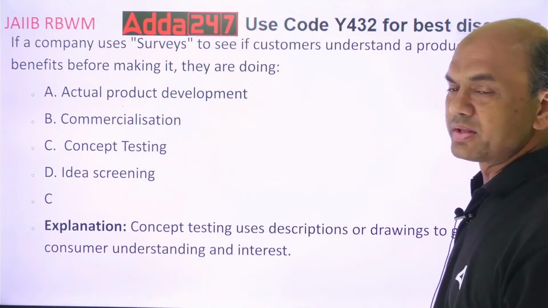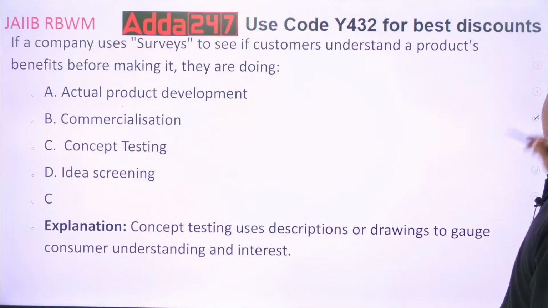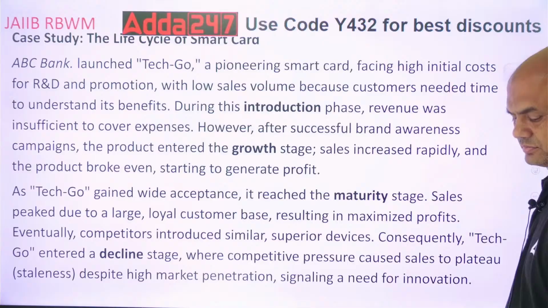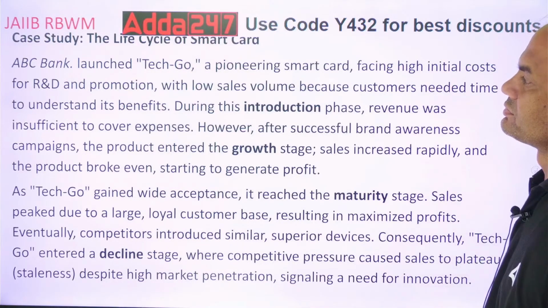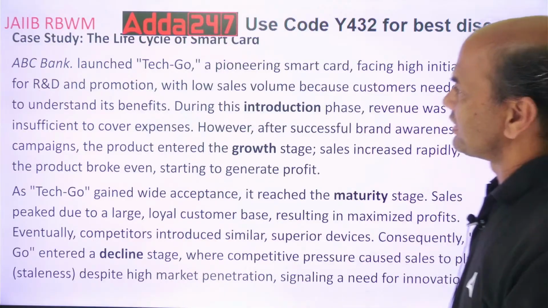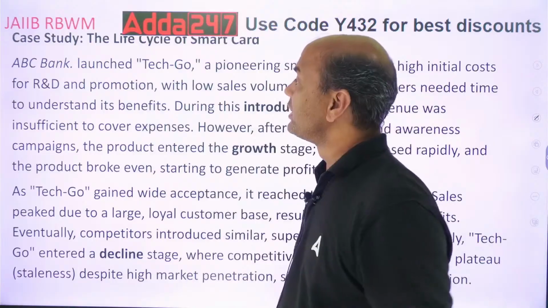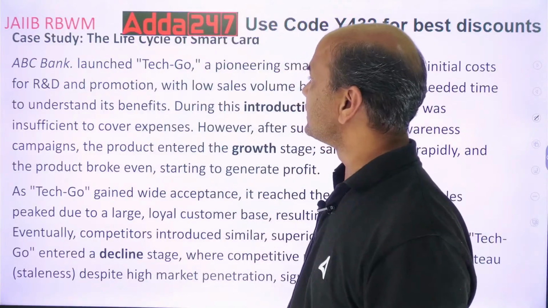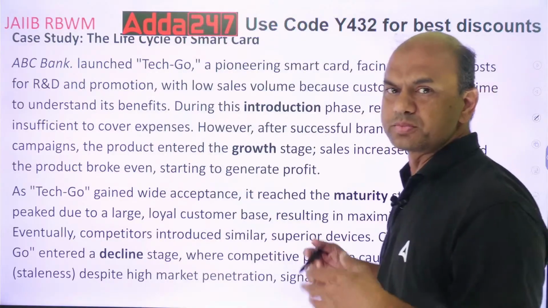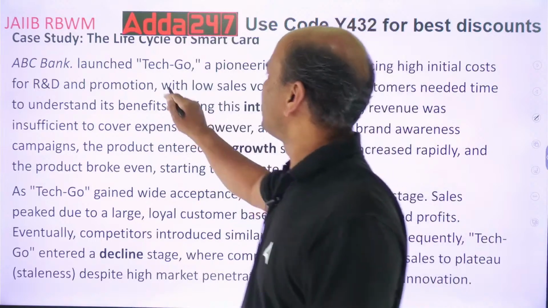So now, next what we'll do is the case study. Let's start the case study. See, the heading is life cycle of a smart card. ABC Bank launched TechGo, a pioneering smart card. So they have launched a new smart card. They have given it the name TechGo.